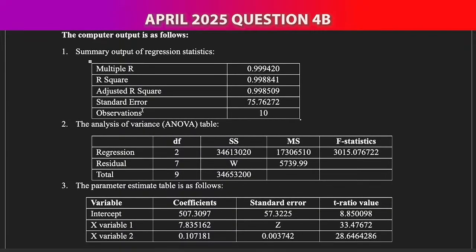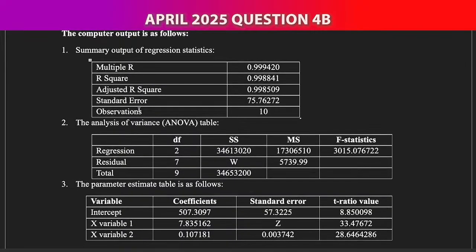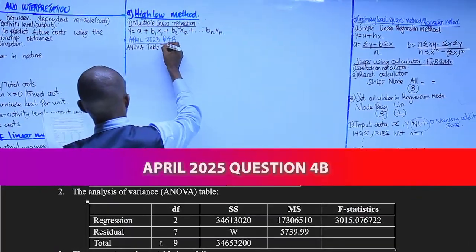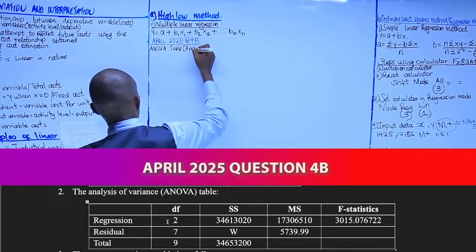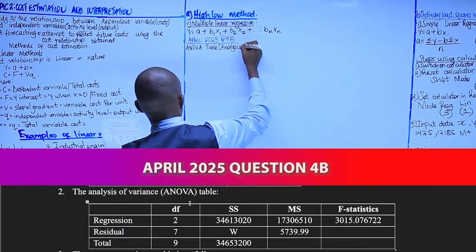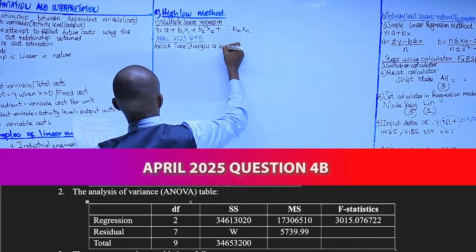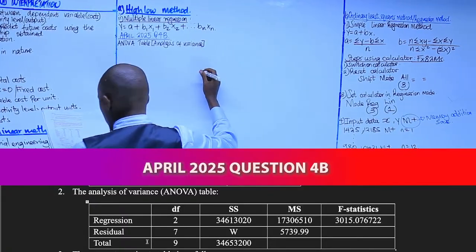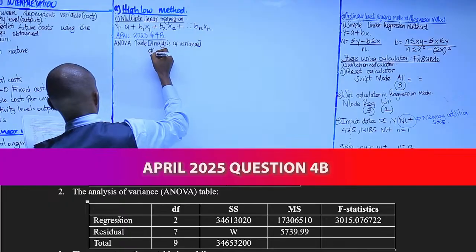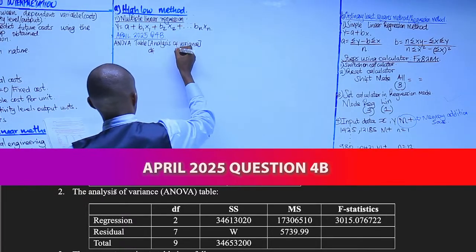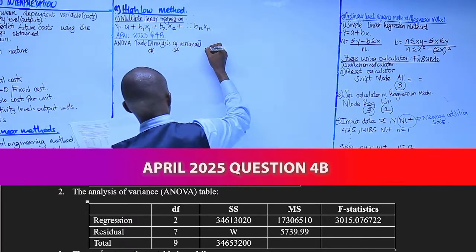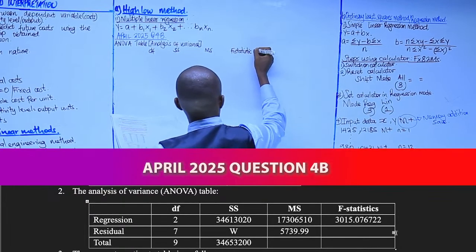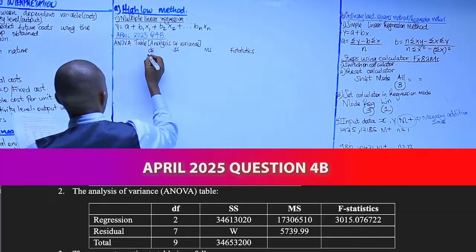This is called an ANOVA table, which is what we refer to as analysis of variance. I'm copying this so that I can show you how you obtain your various equations when you're given an ANOVA table.